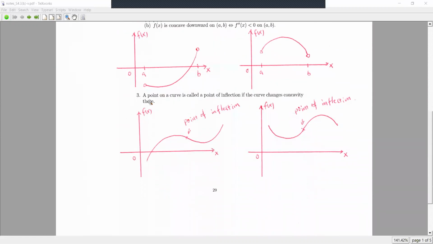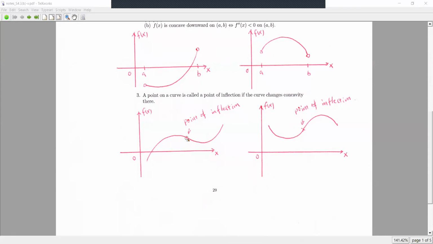Review number 3. A point on a curve is a point of inflection if the curve changes concavity at the point. This curve changes from concave down to concave up at this point.